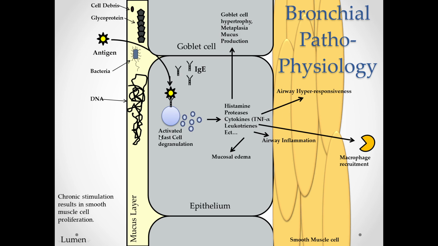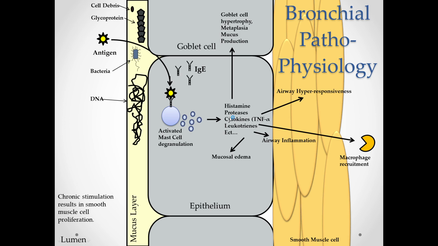Just below that mucus layer there's an epithelial layer, and just below that epithelial layer, there's a smooth muscle cell layer. Now, what ends up happening is some sort of antigen comes in and binds to a mast cell and activates it. That causes this mast cell to degranulate. So you have mast cell activation and degranulation.